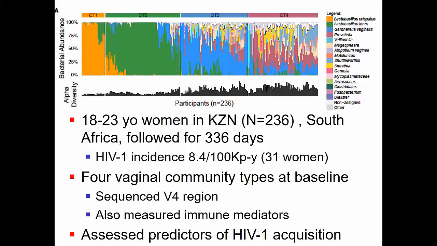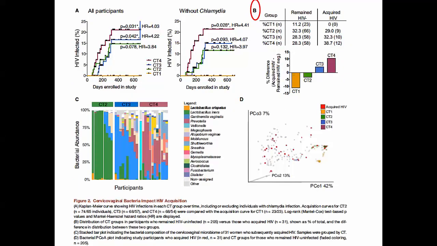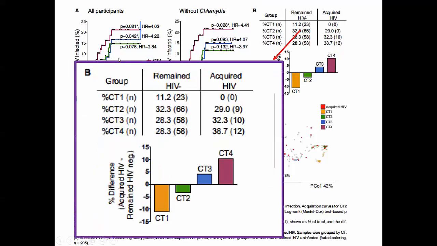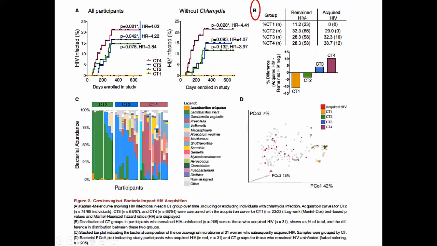Okay, so what did they find here? And I'm going to blow up the most relevant parts here so you don't really have to take a look at it. But let me just take you through it. So that is the HIV incidence up in the upper left-hand side, and I already mentioned what the HIV incidence is.